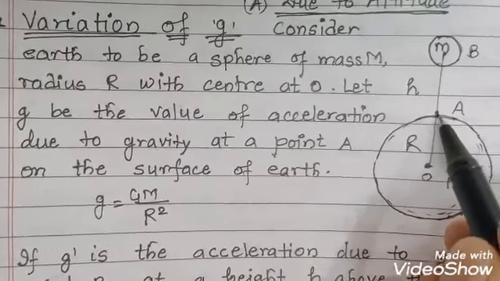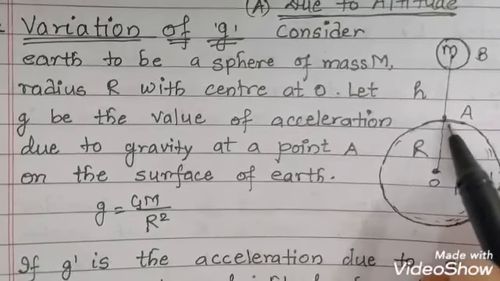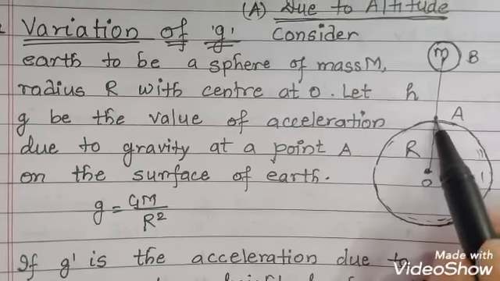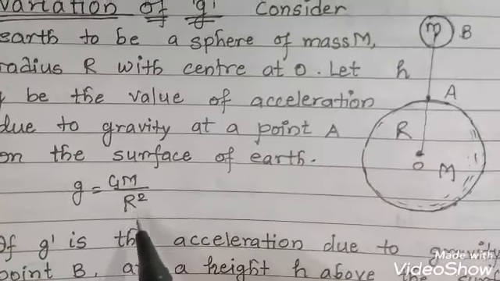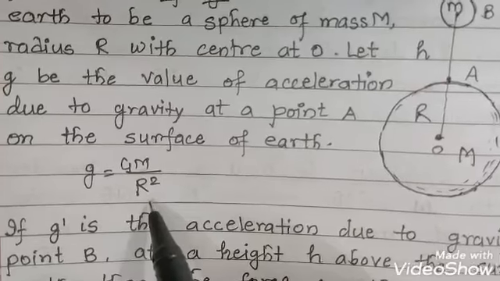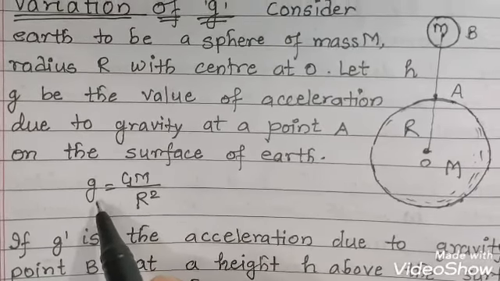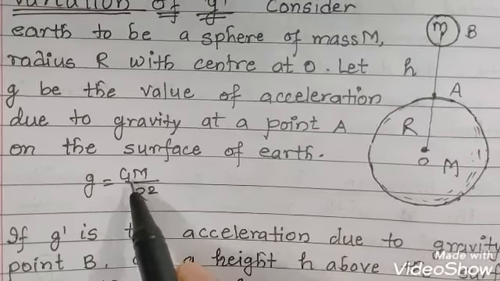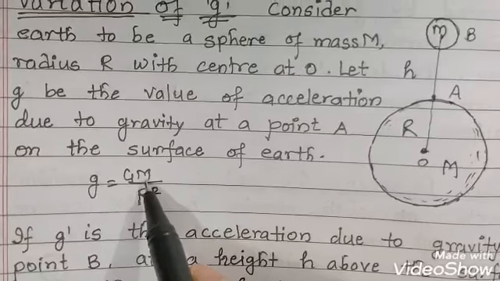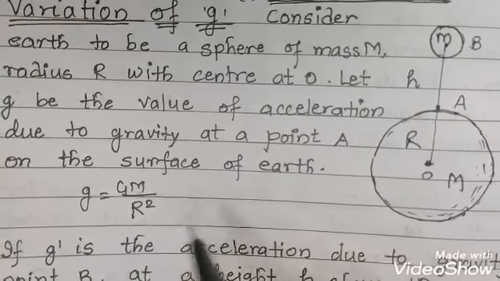So gravity at this point on the surface of Earth can be given by g is equal to GM upon r square. The formula we have already derived: g, that is acceleration due to gravity, is equal to capital G, universal gravitation constant, M, mass of Earth, upon r square, where r is the radius of Earth.